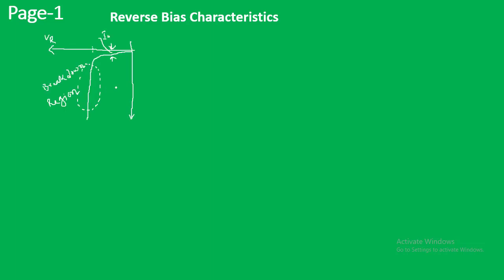In reverse bias we know that if voltage across the diode increases, then initially we shall have very little or no conduction, and there will be a small current due to minority charge carriers, denoted I naught, which is called the reverse saturation current, and generally it is in the range of microampere. That is for a normal diode.